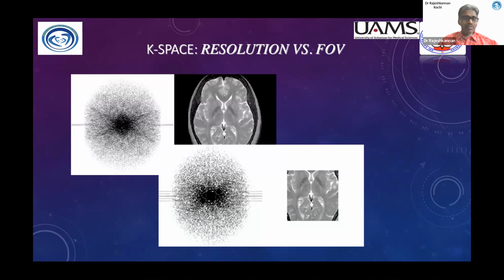We can choose whether you want an elliptic centric k-space filling, where when the contrast density is maximum, the center of the k-space will be filled, which is more important when you are doing MR angiography. So you can manually select these options. If you know when to select it, you can use this, depending on the arrival of the contrast timing.